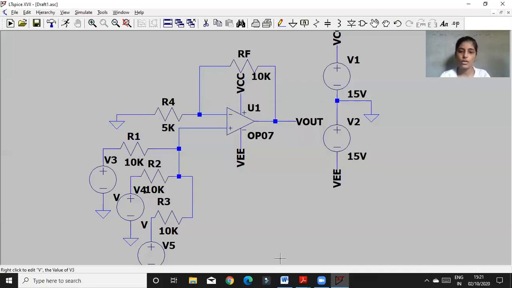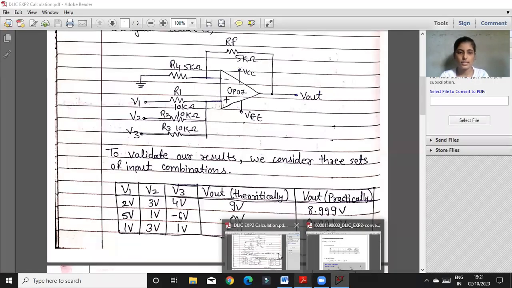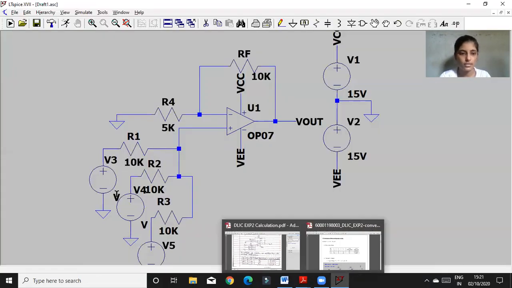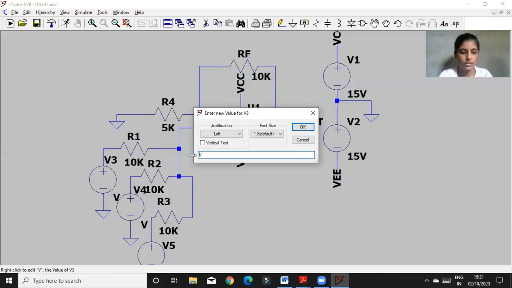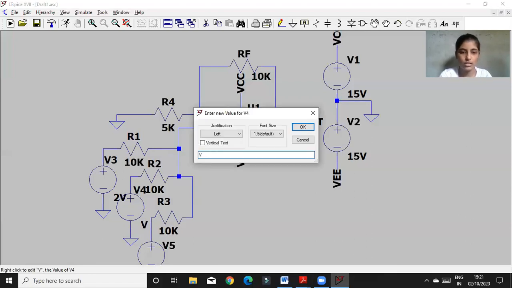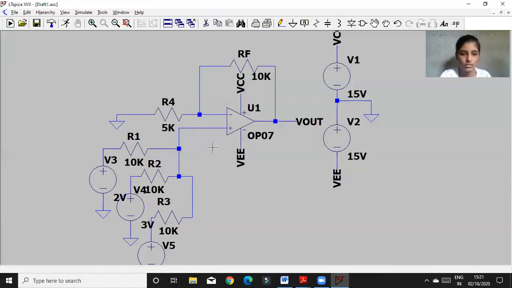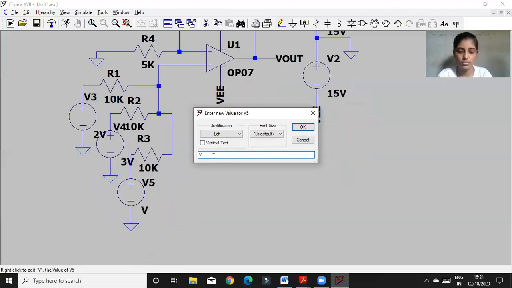So now consider my validation result. I considered the three inputs, V1, V2, V3, as 2 volts, 3 volts, and 5 volts. So I give these values over here, 2 volts, 3, and 5 volts.